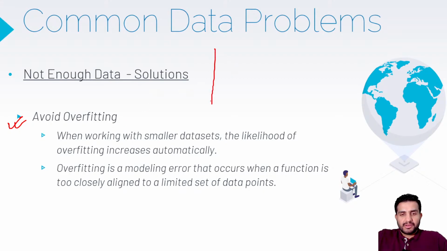Suppose this is my data set. I have, say, feature 1 here and feature 2 here. And this is how the points are coming up.